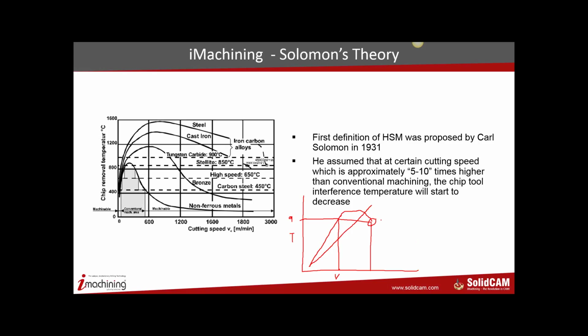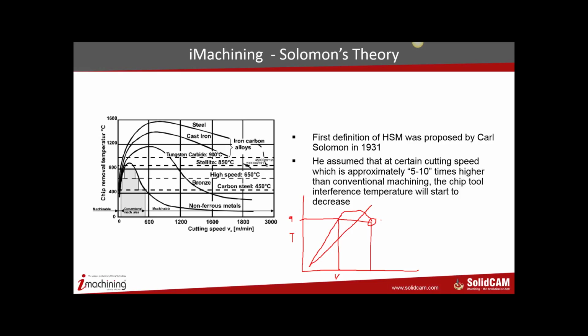So we are at this zone. When people say you use extremely high VCs and our tools cannot withstand these cutting speeds, you have to show them this particular slide and tell them, look, this was already demonstrated in 1931. We are in 2015. Your tools are very much capable of attaining this VC because the cutting edge temperature is almost the same as what it would be at your conventional VC.